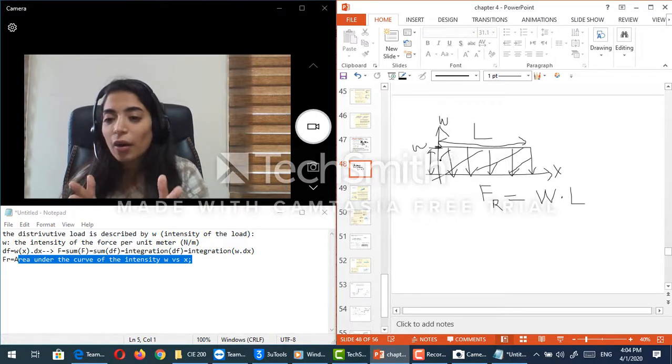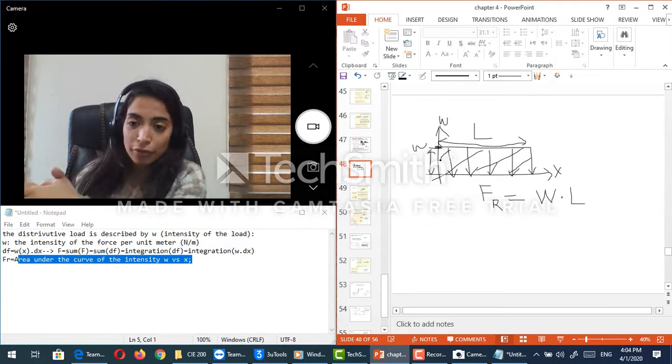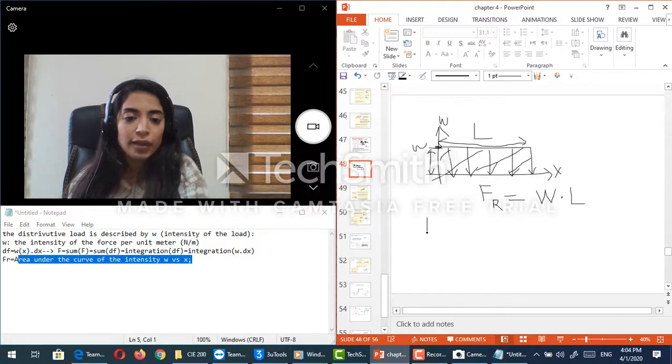Now let's do it now in the integral method. I know, guys, that Fr should be equal to what?